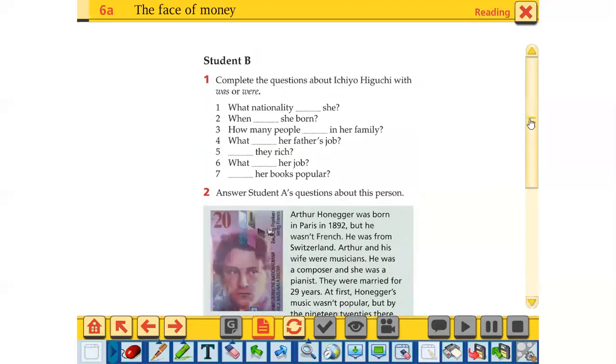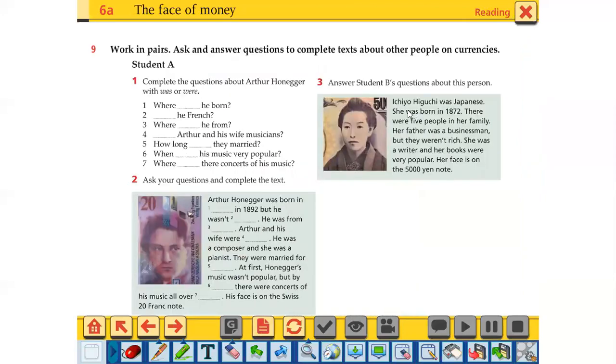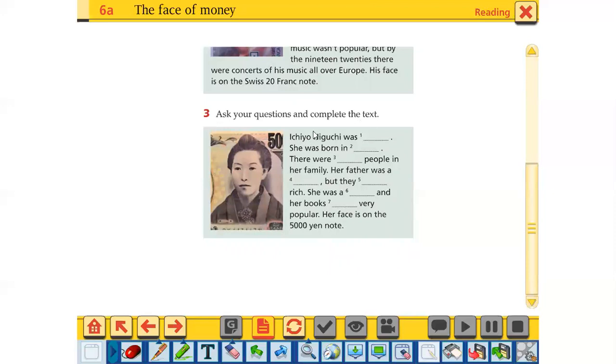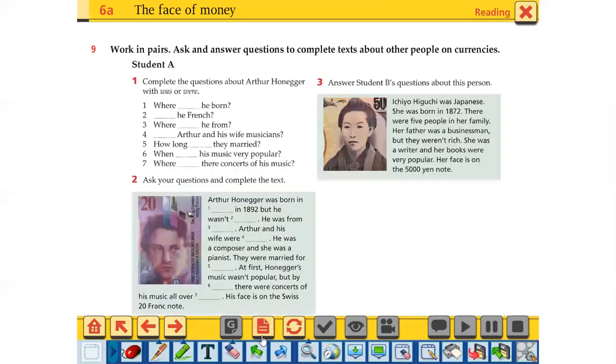Esta información está here. Ichio Iguchi was Japanese. Okay. Have to complete here. Was Japanese. You see, toda la información está aquí. Okay.